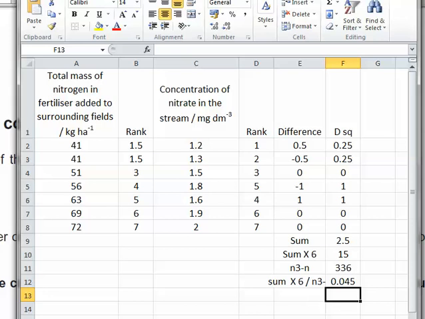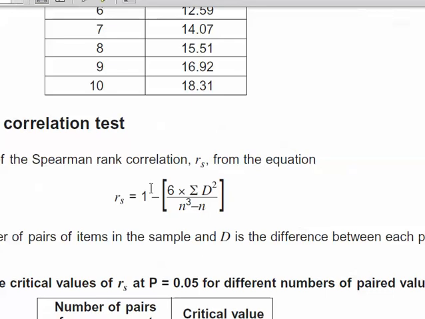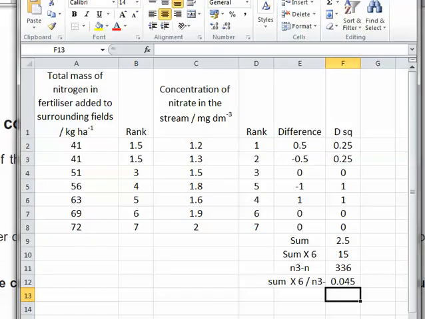And finally, if we look back at the equation, I have to do 1 minus that value. So if I go back and do 1 minus that value, this equals 1 minus this value.